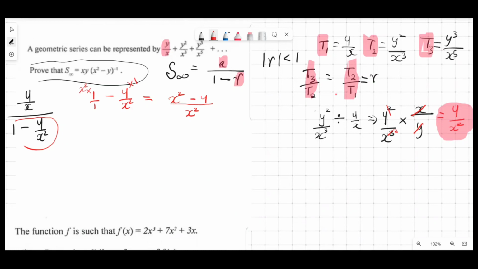So what I was suggesting now is, let us take a look. What we're working out is y over x. And instead of using this line now, I'm going to say divide, and then I'm not going to do division because we know what to do. We're going to multiply by the reciprocal. So I'm going to put the x squared at the top, and then I'm going to have the x squared minus y right there.